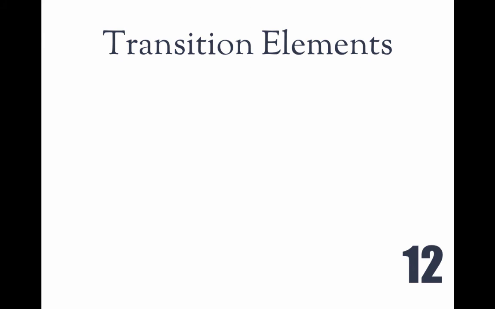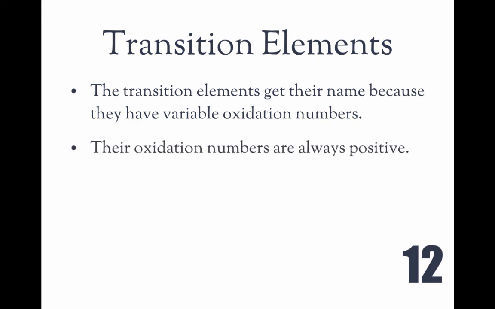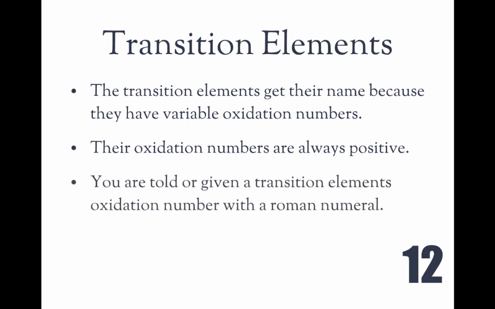Finally, let's talk about those transition elements. This is groups 3 through 12 on your periodic table. The transition elements get their name, they're called transitions, because they have variable oxidation numbers. Their oxidation numbers are always positive. That's why you wrote positive oxidation on it.